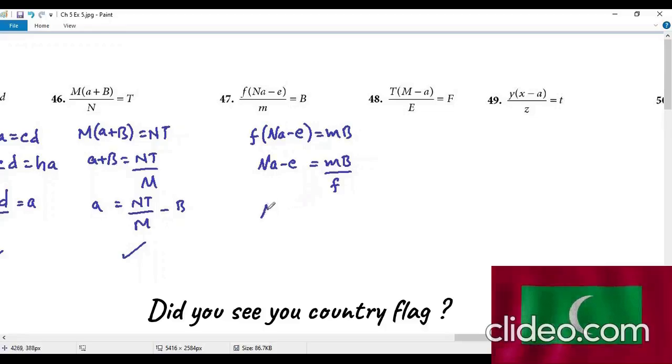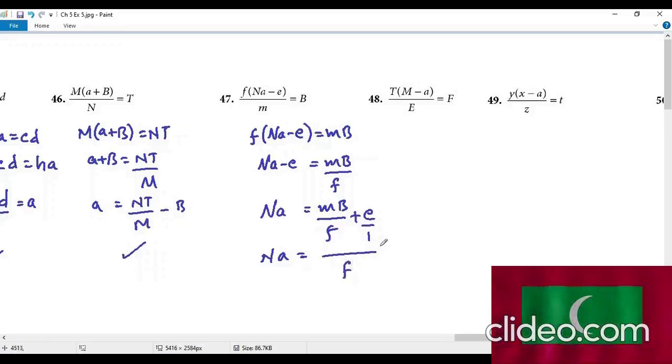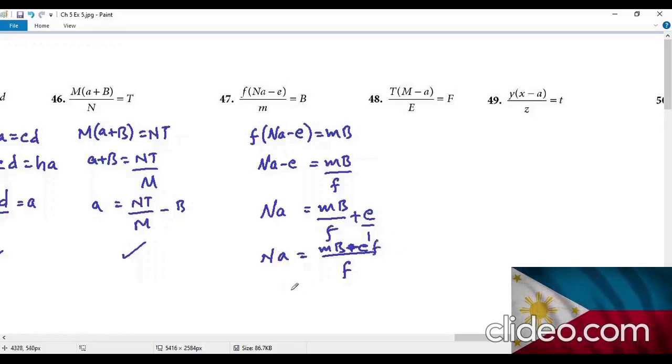That means na equals mb over f plus e over 1, and this is going to be na equals, f is going to be the LCM. F is going to multiply by 1, so mb plus ef. Now a is going to be equal to mb plus ef over nf.